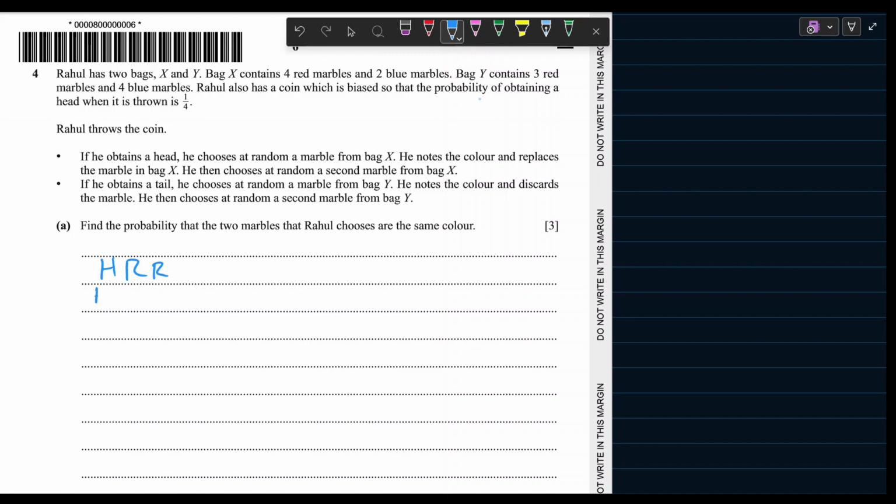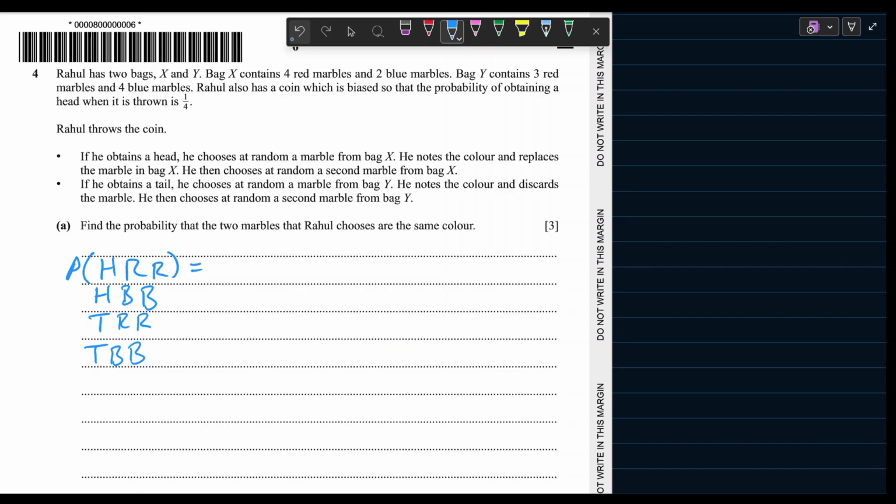Or he could flip the coin and get a head, and then get 2 blue marbles. Or alternatively, you could get a tail and pick 2 red marbles, or throw a tail and then get 2 blue marbles. So we need to evaluate the probability of each of these scenarios.